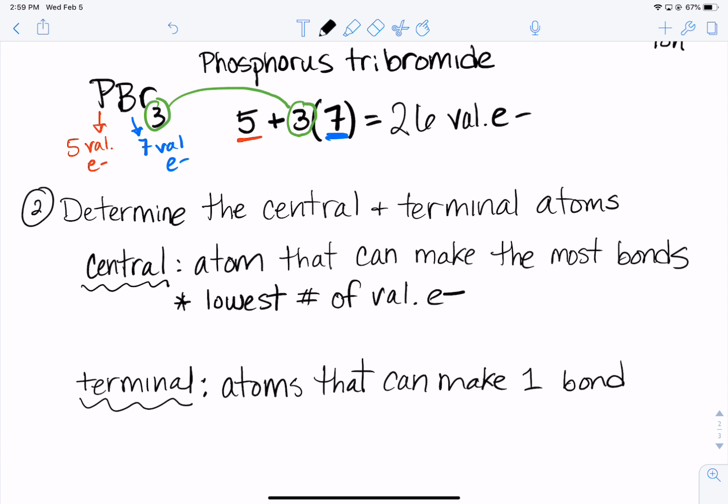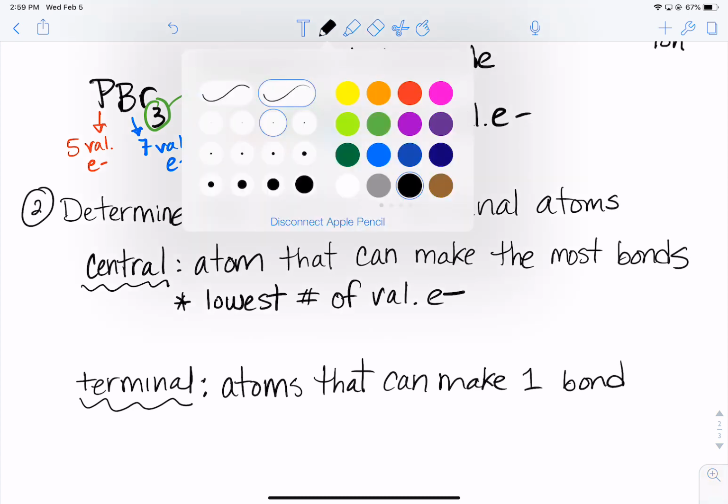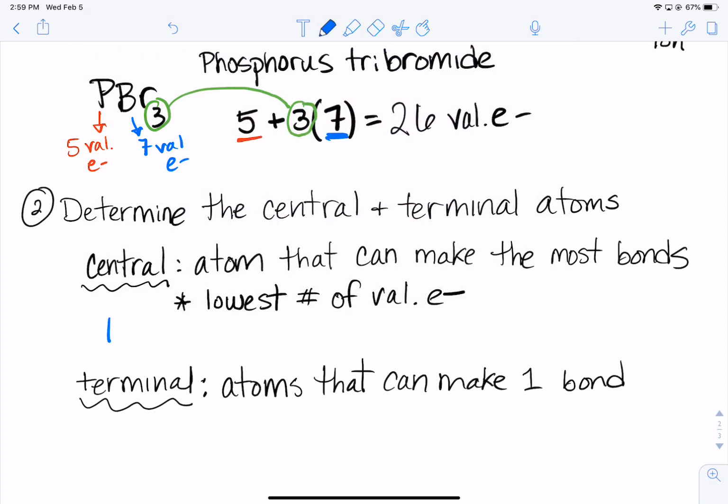Which one has the lowest number of valence electrons, P or Br? P, it has 5. Bromine has 7. So in this case, P is going to be our central atom. Bromine must be our terminal.